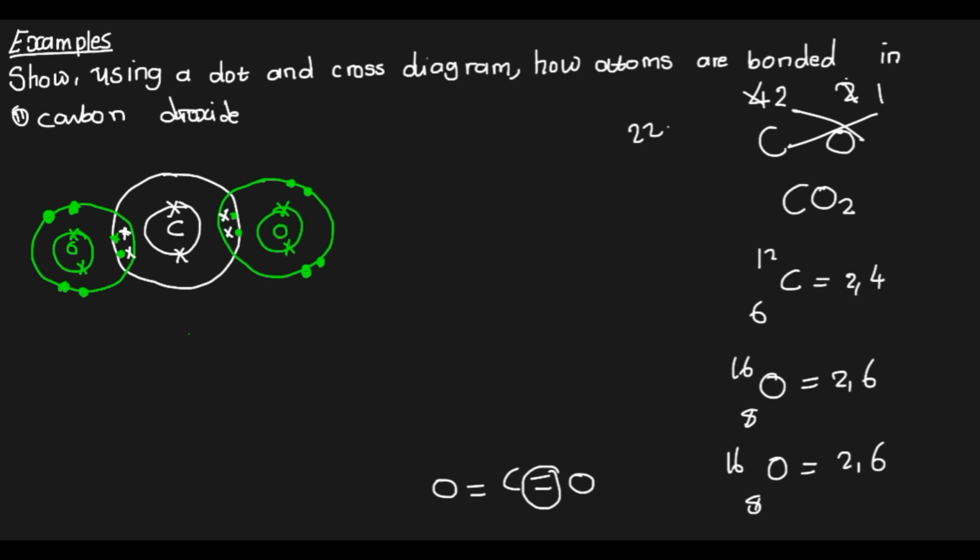So this is the covalent compound carbon dioxide. This is how we can draw a dot and cross diagram if we want to show how atoms are bonded in a covalent compound.